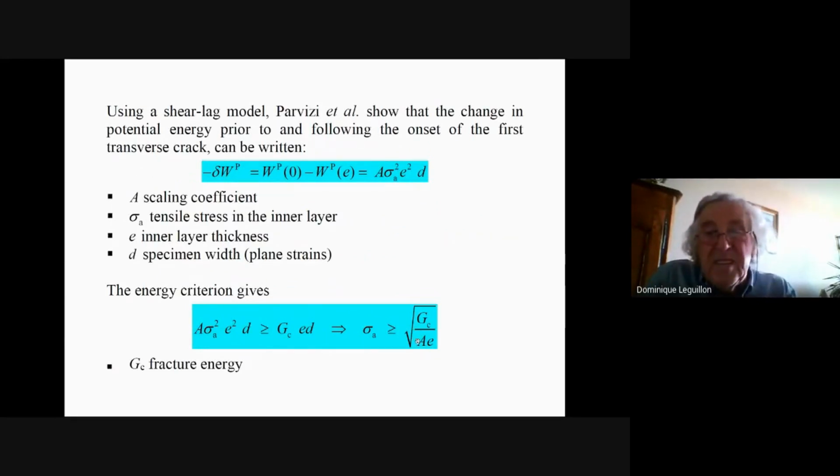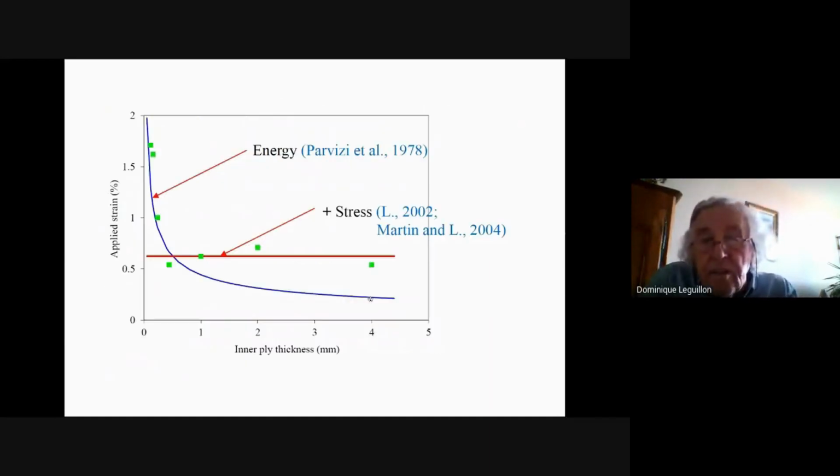But you see, there is something strange. If E is very large, it can fail for small load. It's a problem, for instance, this point. Now, if you add the stress condition, you see that this is no longer true, because you have to reach the tensile strength before failure.